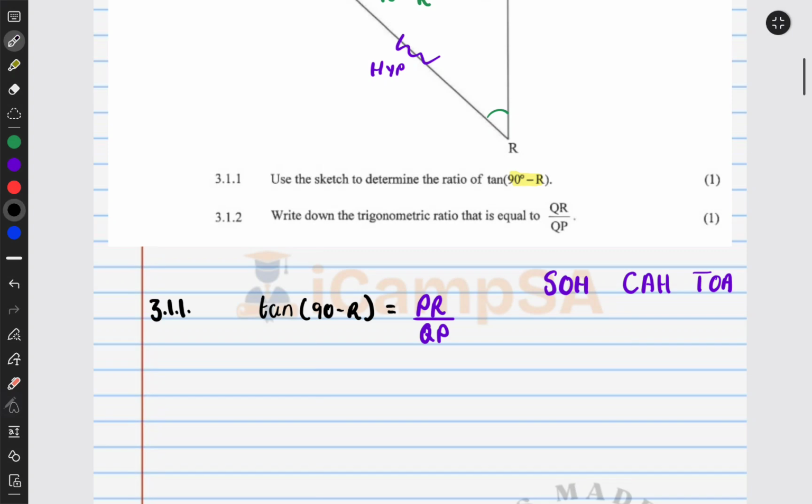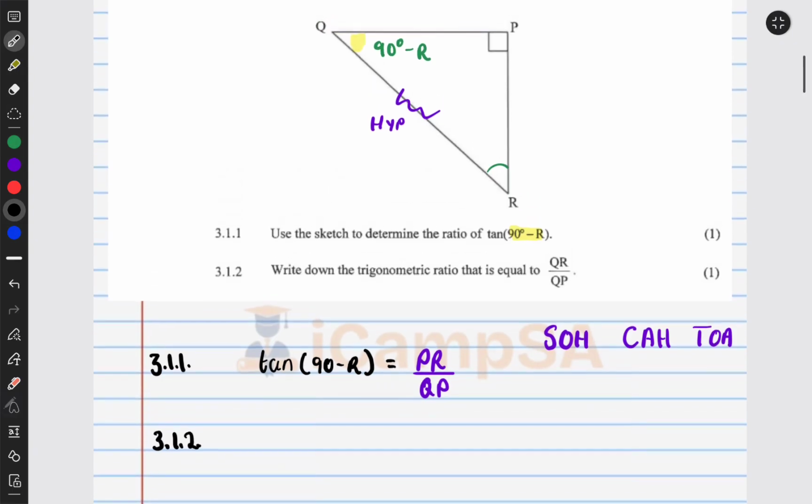Okay, and then let's go to 3.1.2. In 3.1.2, we are asked to write down the trigonometric ratio of QR over QP. What is QR? QR is the hypotenuse side. And what is QP?